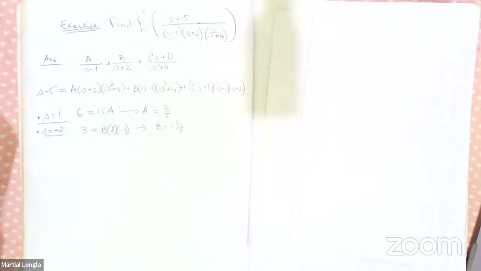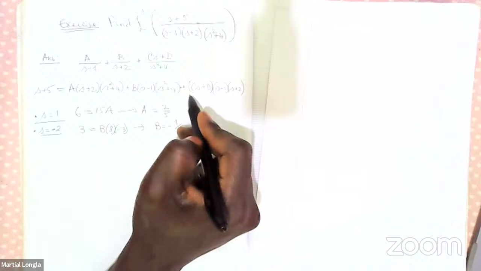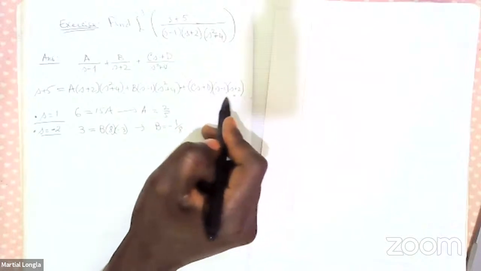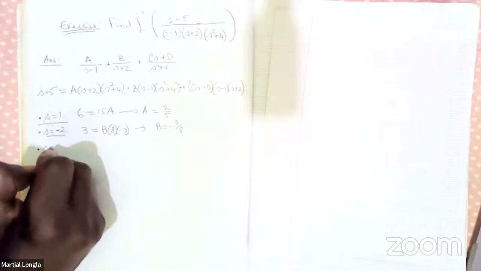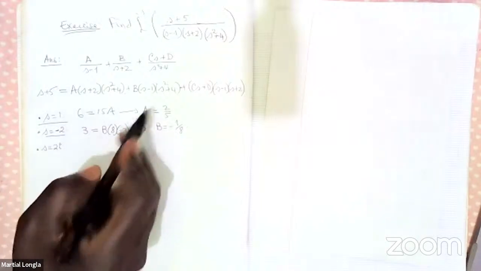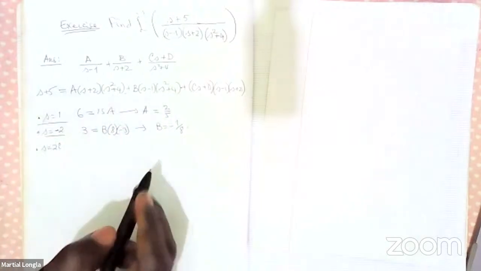And now for the last one, we want to find C and D. So we plug in the number that makes everything else 0, and that only number will be coming from S squared plus 4. We take it to be 2i, because 2i makes this 0 and that 0.